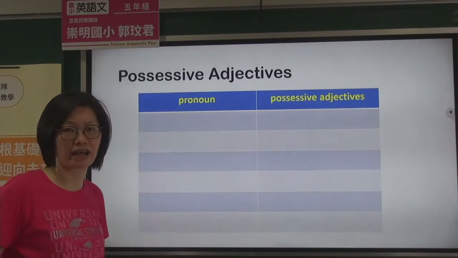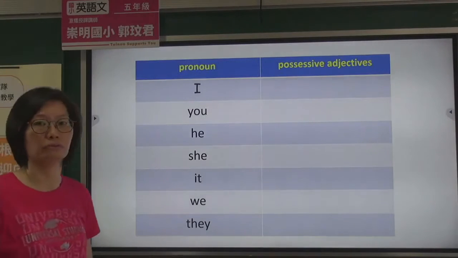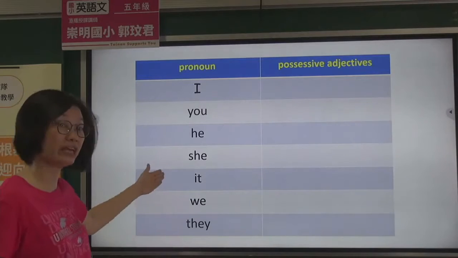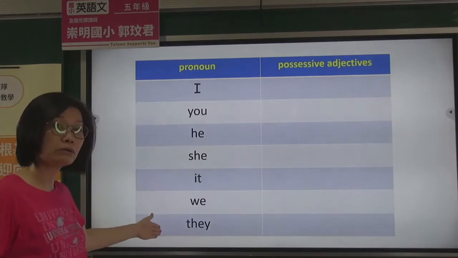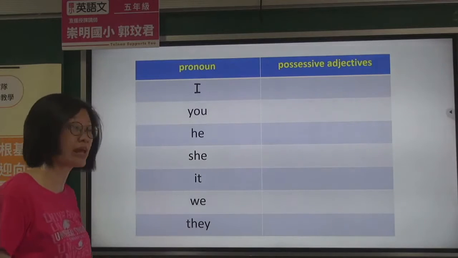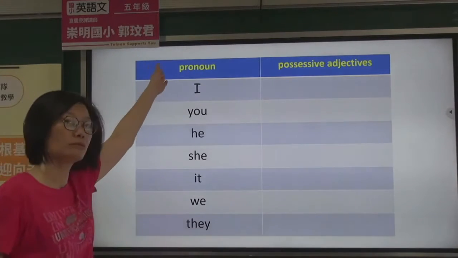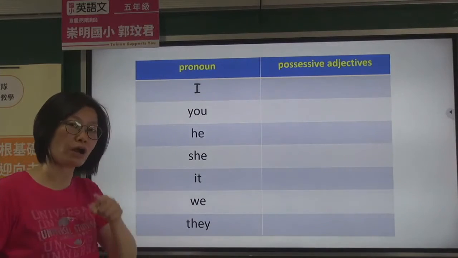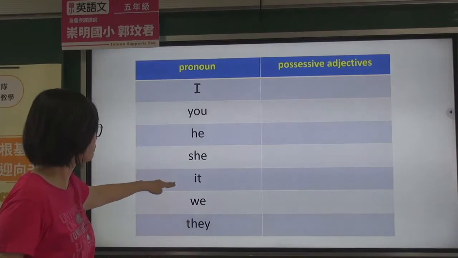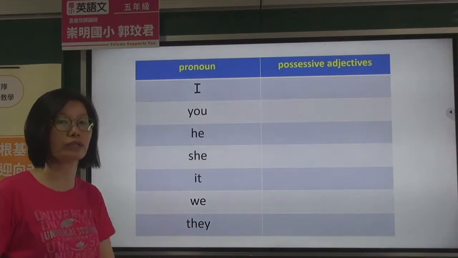So let's take a look. What is pronoun? 来，我们的 pronoun 有哪些？Wow, so many pronouns. I, you, he, she, it, we, they. Now you know they are pronouns. 来，请你先把它写上去。Put all these pronouns on your chart. 1, 2, 3, 4, 5, 6, 7. 好，有7个栏位，7个格子。Okay, do it now.